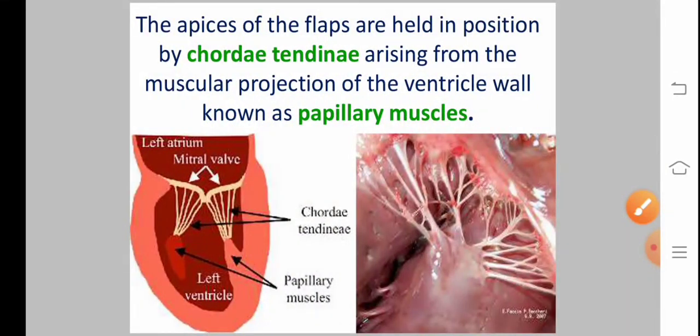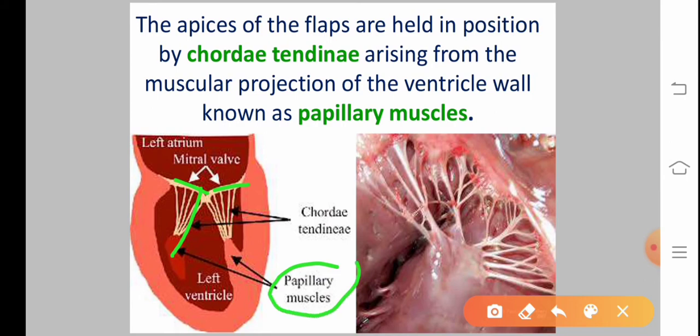The apices of the flaps are held in position by chordae tendineae arising from the muscular projection of the ventricle wall known as papillary muscles. So this chordae tendineae, which is attached with the tricuspid valve and bicuspid valve, is attached with the papillary muscles.